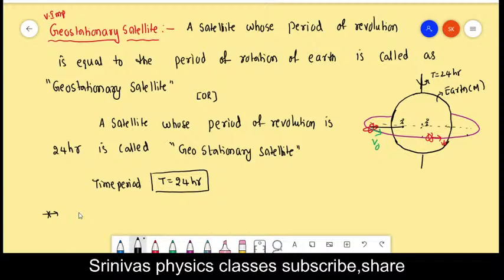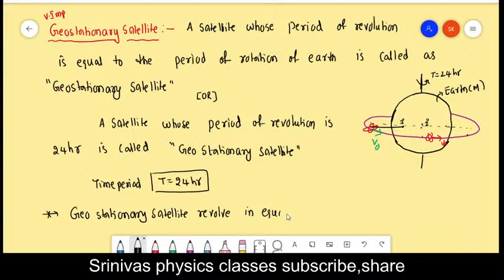A geostationary satellite revolves in the equatorial plane. What is the equatorial plane? This is the equatorial plane.